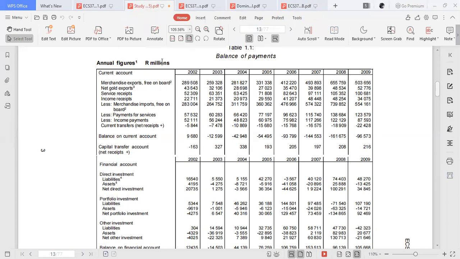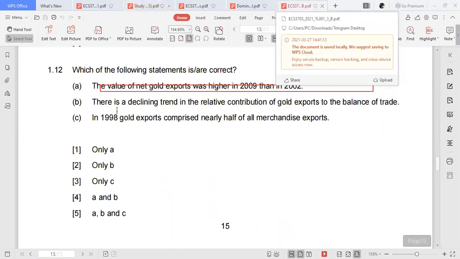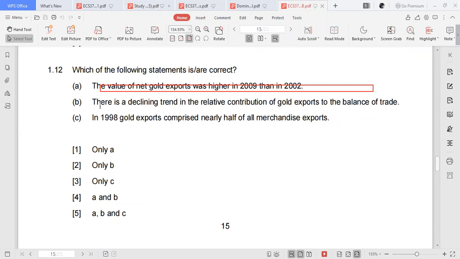Does it show a declining trend, or does it show an increasing trend? So we can see 43, 32, 28, it's going down, 27, it's going down. There's an increasing trend there: 35, 39, this is an increasing trend, okay? So this becomes incorrect because it is saying there is a declining trend.